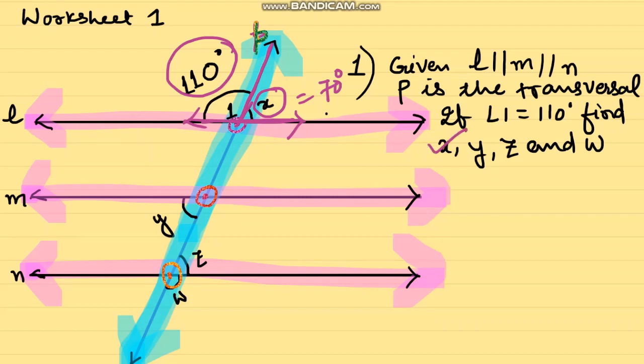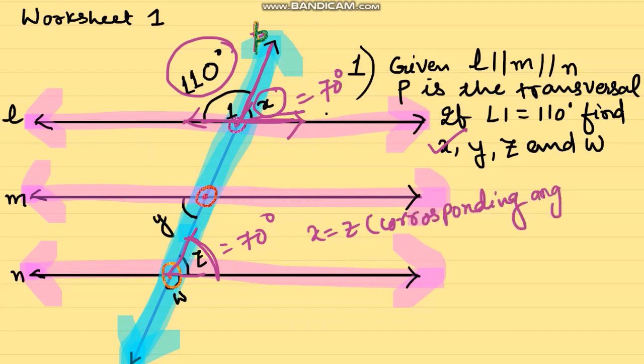Now that you got the value of x, see below x. X and z are on the same line, and both of them are forming corresponding angles. See properly, this is corresponding. So z is also equal to 70 degrees. X equal to z and both of them are corresponding angles.